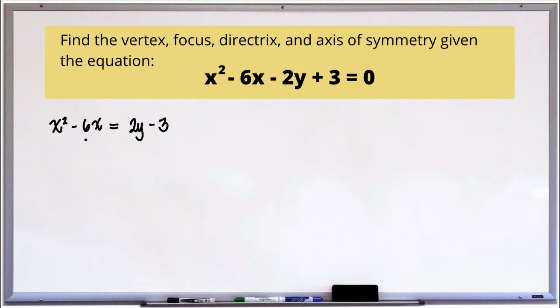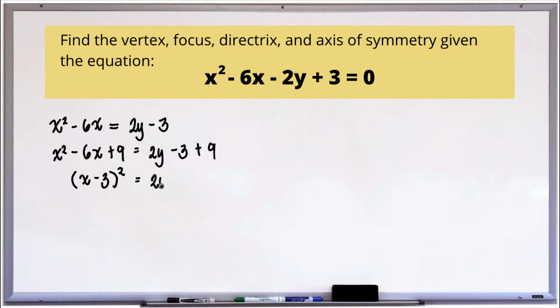By completing the square, so that we will have a perfect square trinomial here, we can get x squared minus 6x plus 9 equals 2y minus 3 plus 9, which will give us a square of binomial (x minus 3) squared equals 2y plus 6.